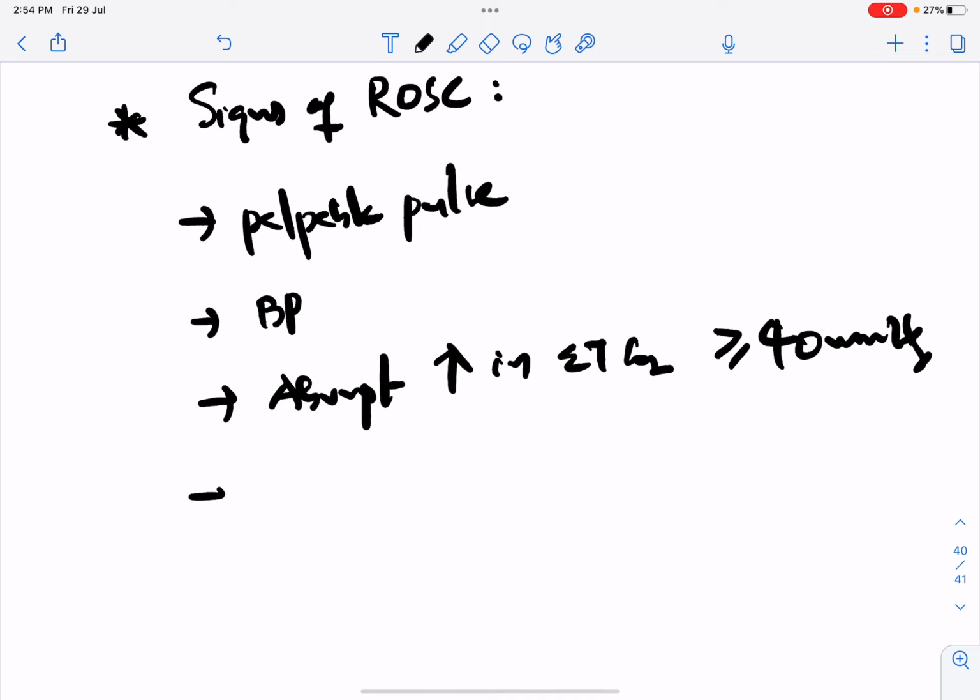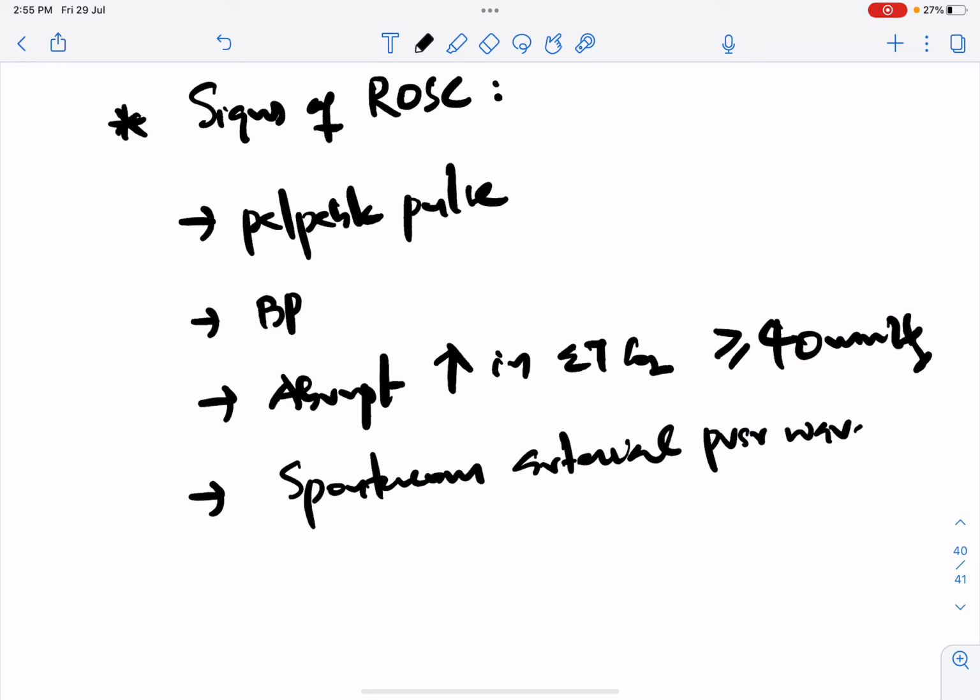Also, if you have inserted an arterial cannula and the monitor is showing spontaneous arterial pressure waves. These are the signs of return of spontaneous circulation during CPR.